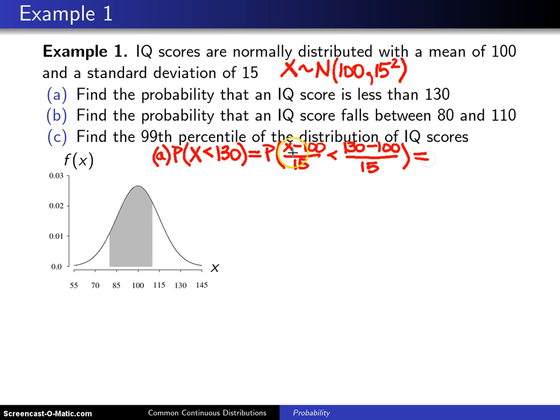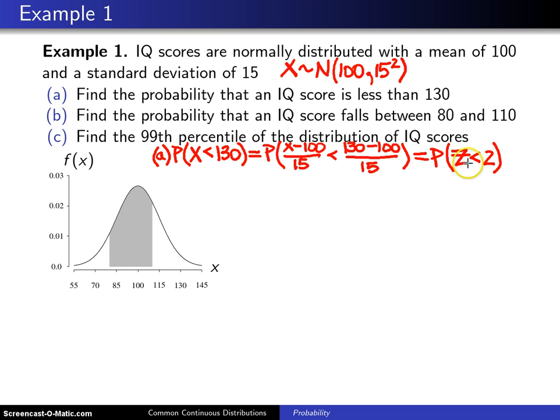By result number 2, if you take a random variable and subtract its mean and divide by its standard deviation, that will have the standard normal distribution. So I'm going to write that as Z. 130 minus 100 is 30, and 30 divided by 15 is 2.